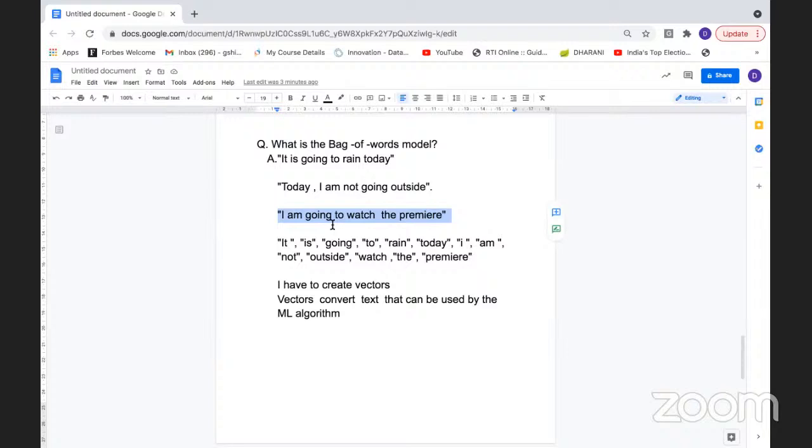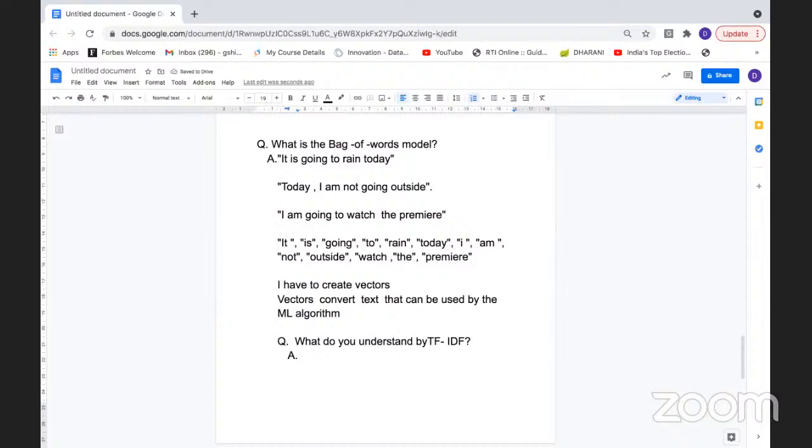So in this process, we have to understand a few things, which is TF-IDF. Now, what do you understand by TF-IDF? Term frequency, inverse document frequency.